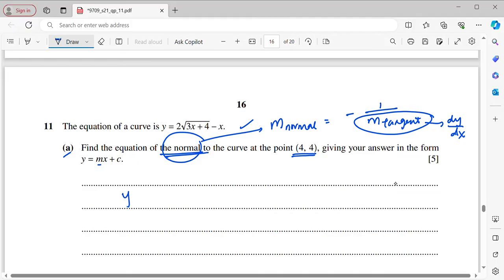Which means now we need to differentiate. So before I differentiate, I will change the square root to degree half first. So it will be 2 times (3x plus 4) with degree half, then minus x. This is my y.